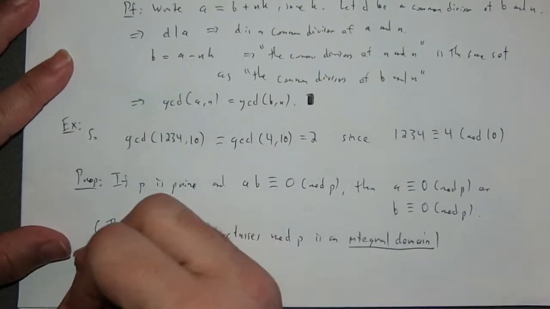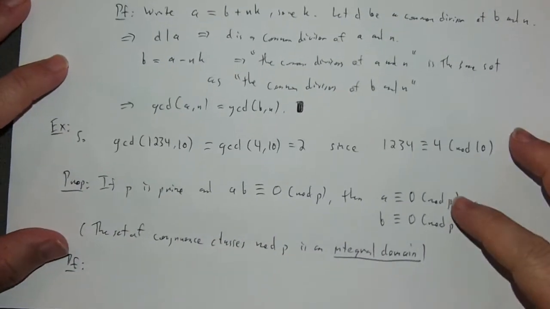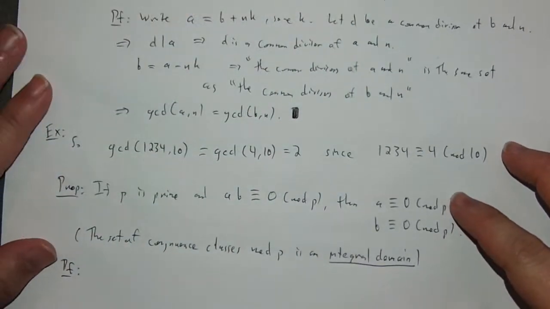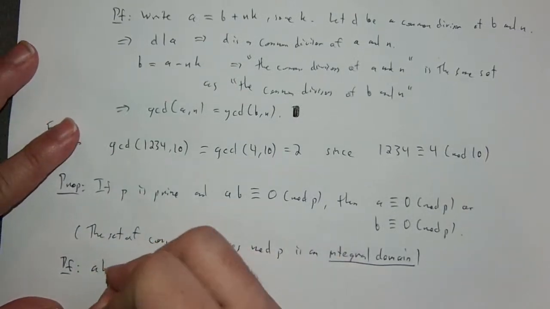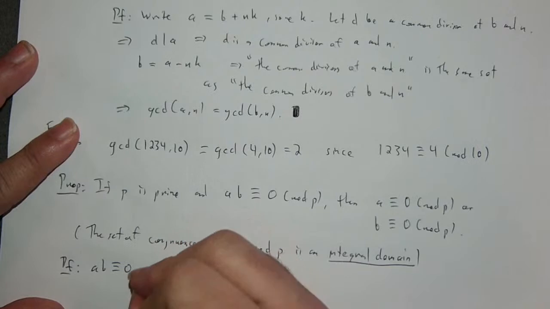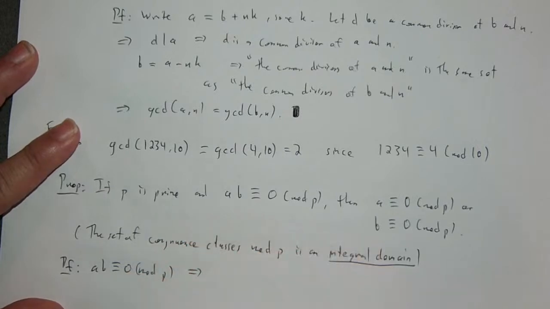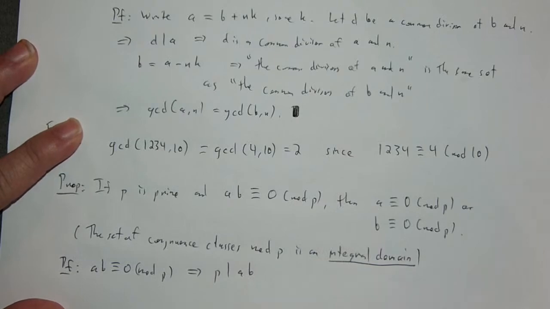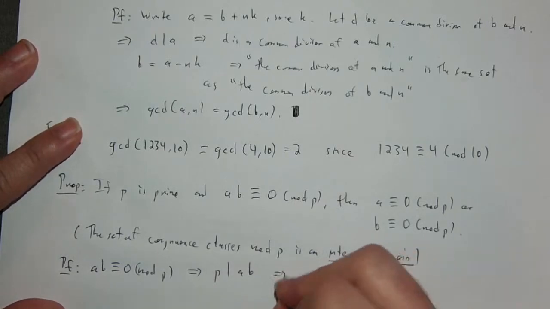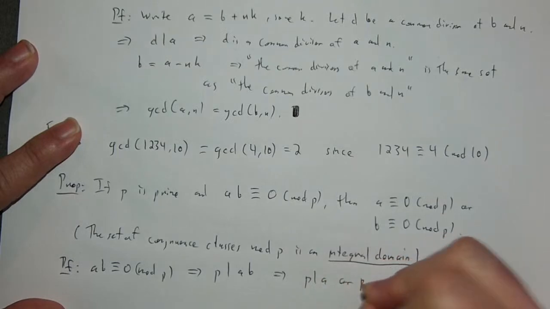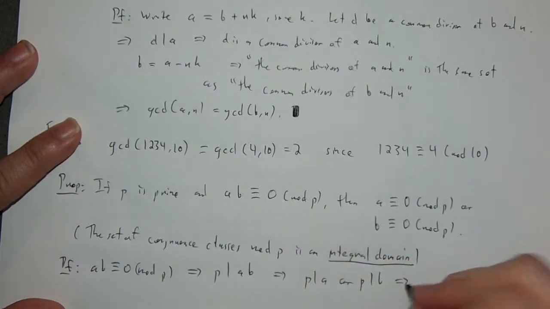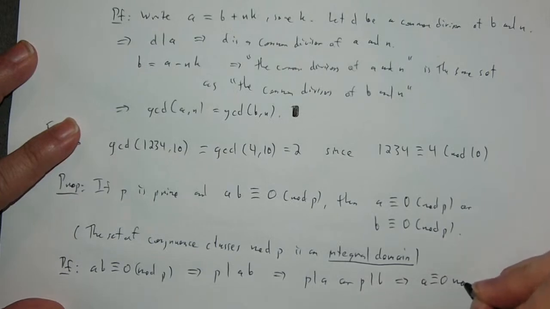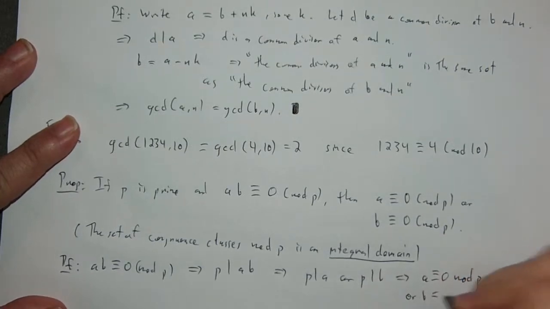Okay, so quick proof of this fact. AB is congruent to 0 mod P. That means that P divides A times B, but you have a prime dividing a product, so P divides A or P divides B. But that means that A is congruent to 0 mod P, or B is congruent to 0 mod P. So that's it.